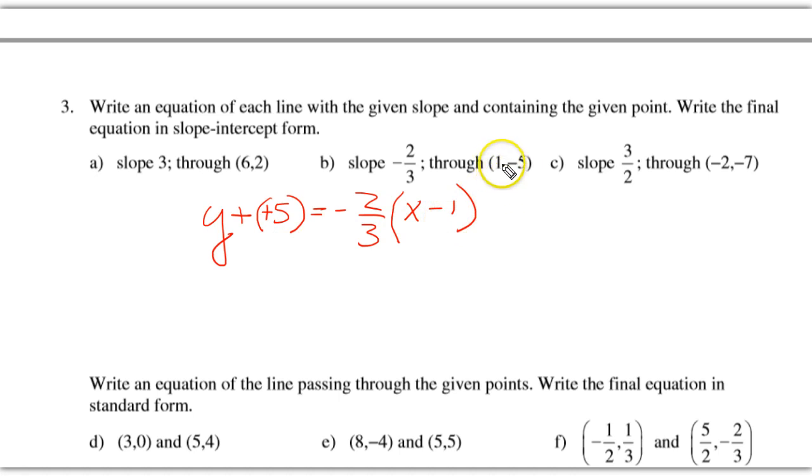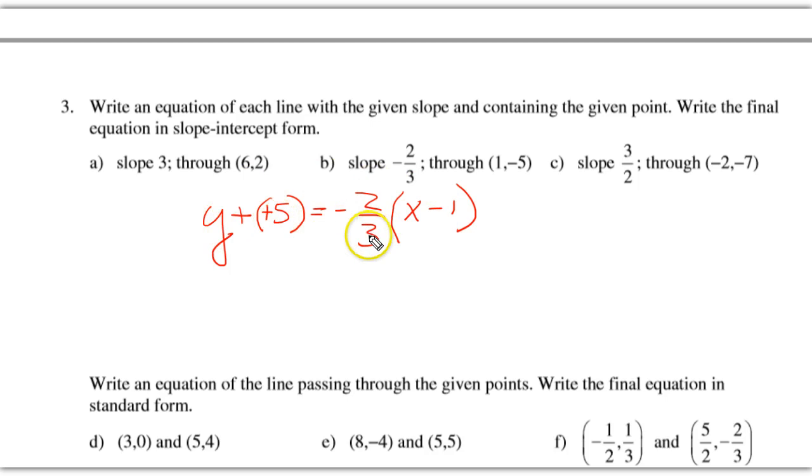And I've substituted the 1 for my x, so that's negative 1, opposite sign here, because again there's a negative in the formula. And then I've put the slope in as a negative 2/3. Now you could do this, but I'm going to strongly suggest that what you do here is get rid of this fraction. It makes it much easier to work.